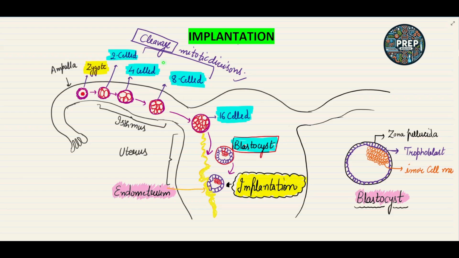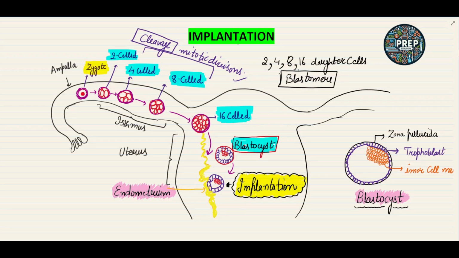So when the zygote undergoes mitotic division and forms 2, 4, 8, 16-celled daughter cells, those daughter cells are called the blastomere. This is important. They are collectively called the blastomere.